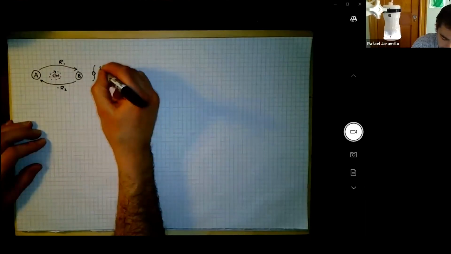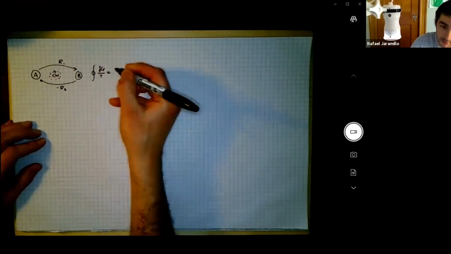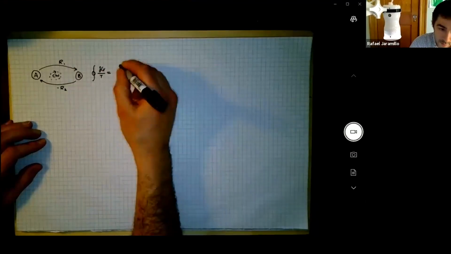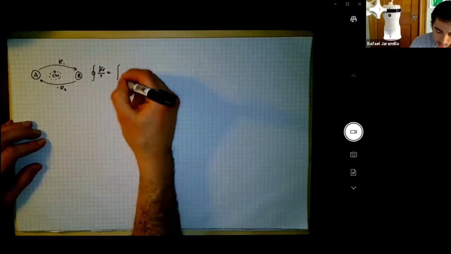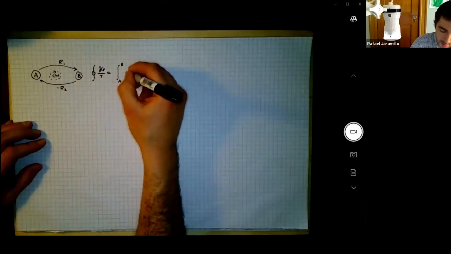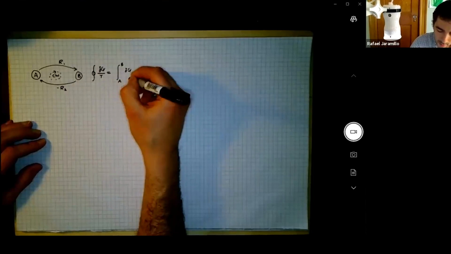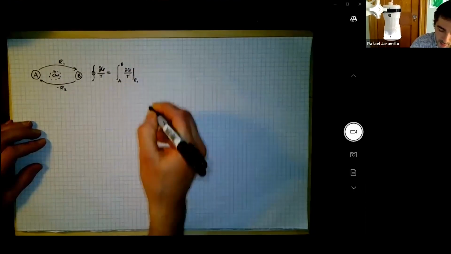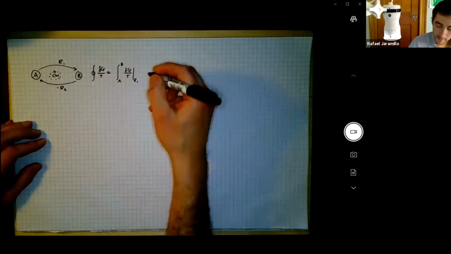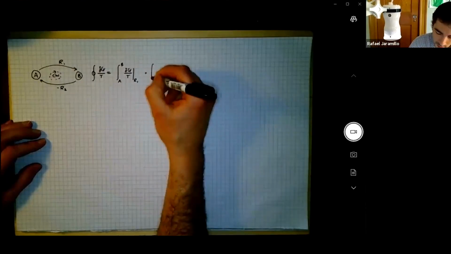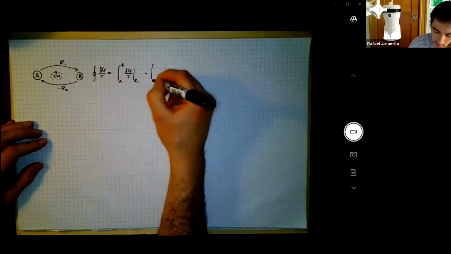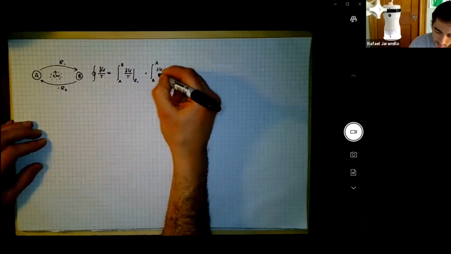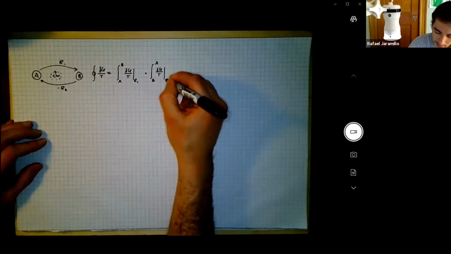So let's calculate this thing. The cyclic integral of dq over T equals the integral from A to B of dq over T along path R1, plus the integral from B to A of dq over T along path minus R2.